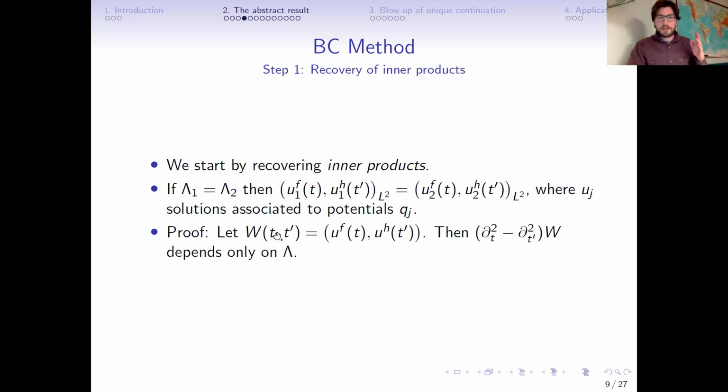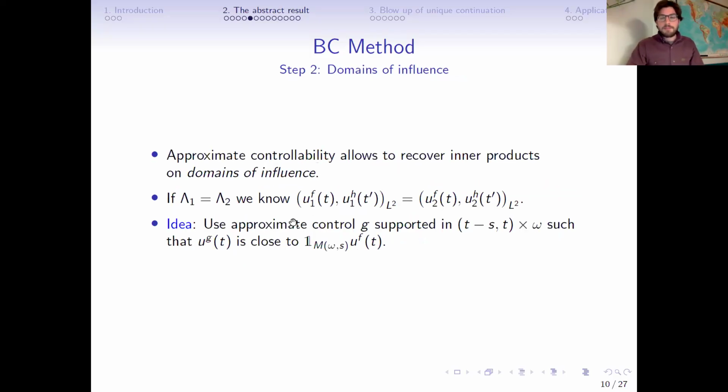This step is easy to quantify because it's an energy estimate for the wave equation, and in fact this step alone is stable. This is where the least stable part is going to come. And once again, I'm just thinking in terms of qualitative problems. It means just recovery. And I'm trying to motivate where approximate control comes in.